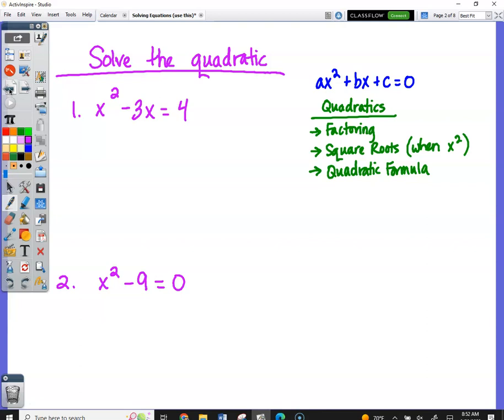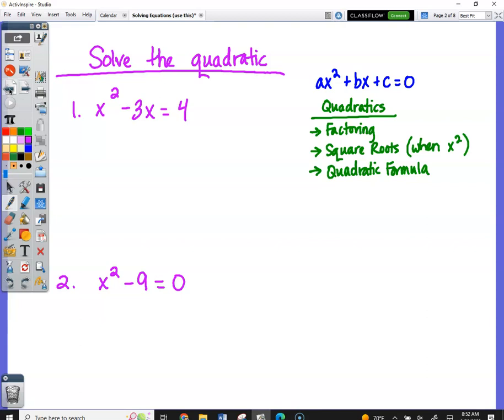Alright, so while you're writing that down, I'm going to talk to you about quadratics. Quadratics are polynomials of degree 2. There are 3 ways to solve a quadratic. The first is factoring, and that only works if it will factor.